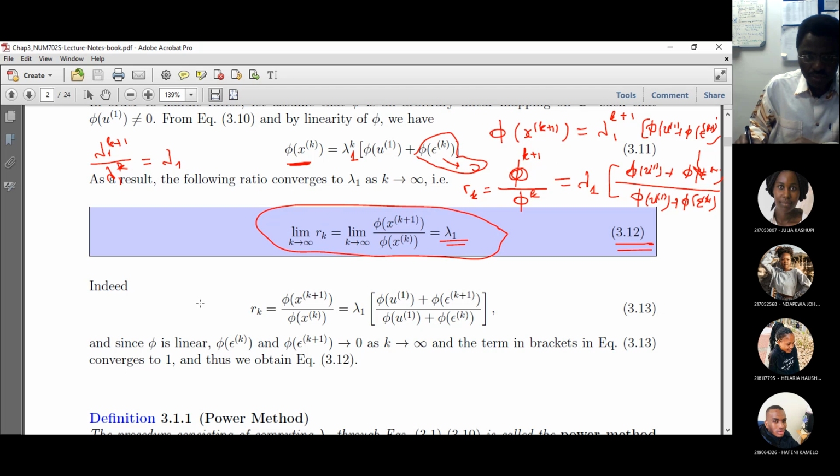So this is also lambda 1 at the kth iteration. So it is given by this ratio. So we compute the xk's, or I can just write xk like this. It is the same thing.